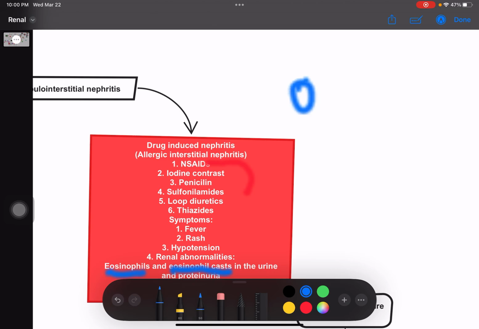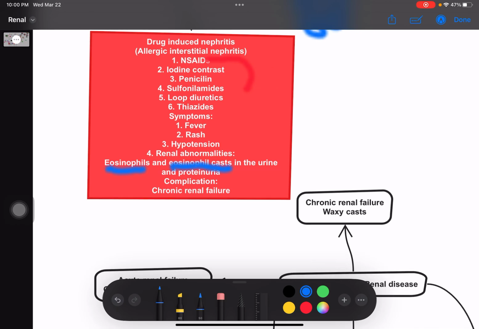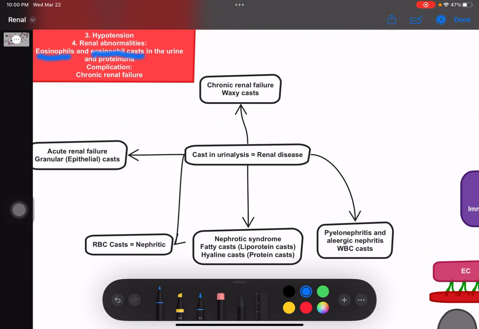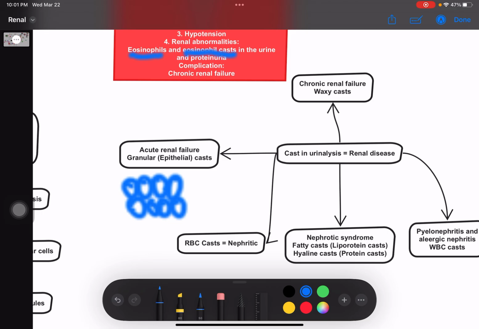Casts are usually accumulations of specific material. In this case, we have eosinophils. There are different types of casts that can indicate certain problems. For example, in acute renal failure, we have granular casts. This is an accumulation of epithelial cells due to necrosis, usually ischemic necrosis, of the tubular cells, right?